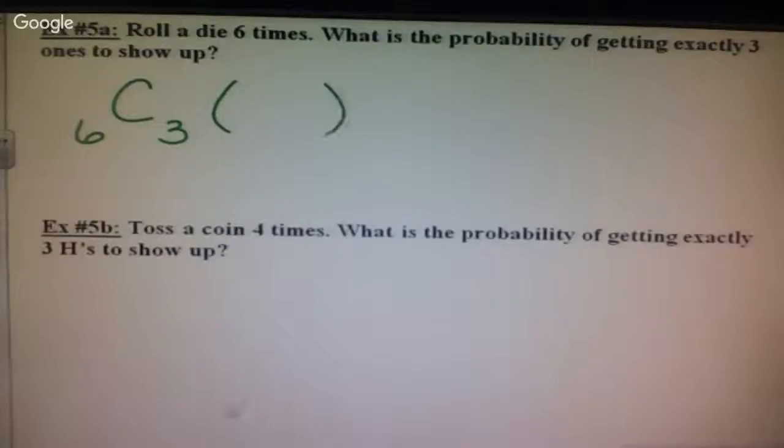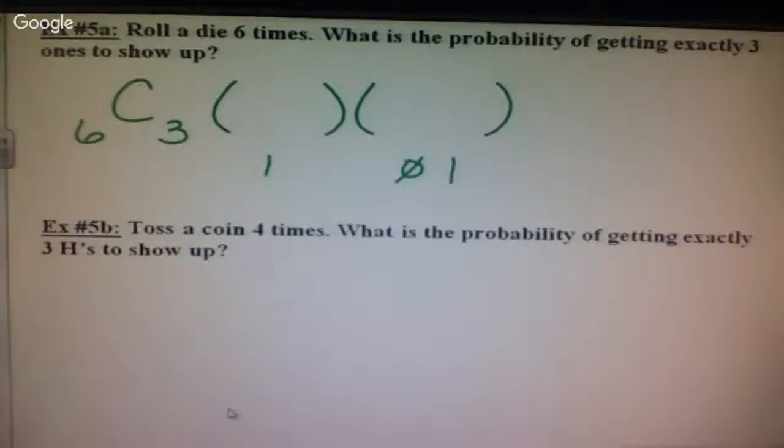Okay, so in the first set of parentheses, I want the probability that the event will happen. In the other set of parentheses, I want the probability that it won't happen. So here I want a 1, here I want not a 1. What's the probability that I will get a 1? 1 out of 6.